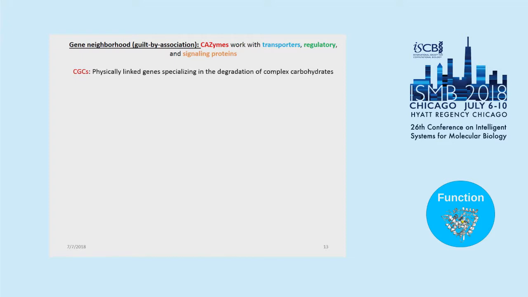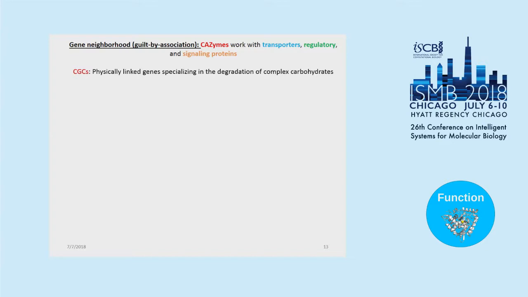I believe most of you in this room know about gene neighborhood, which is an alignment-free method for gene function prediction. There are all kinds of different alignment-free methods, but here we particularly look at gene neighborhood, which is one of the guilt-by-association methods.